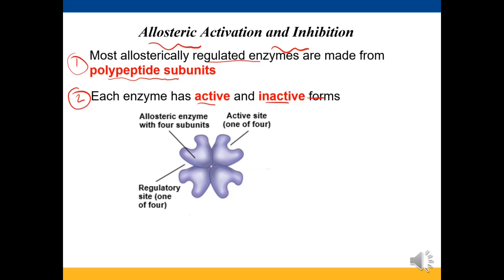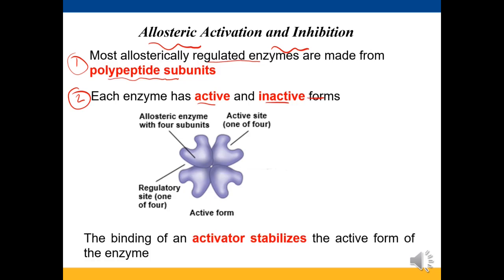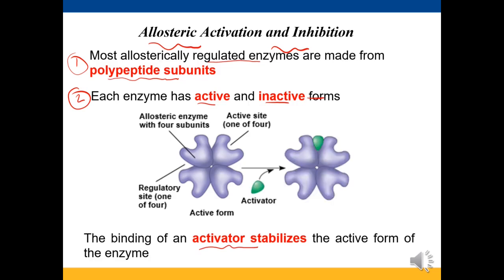I'm going to show you an example of an active form. When you have an active form, you can have an activator that stabilizes the active form of an enzyme. For example, this activator is going to attach here in the regulatory site, and now this enzyme is stabilized in the active form. Now in the following slide, I'm going to show you the other example of allosteric inhibition.